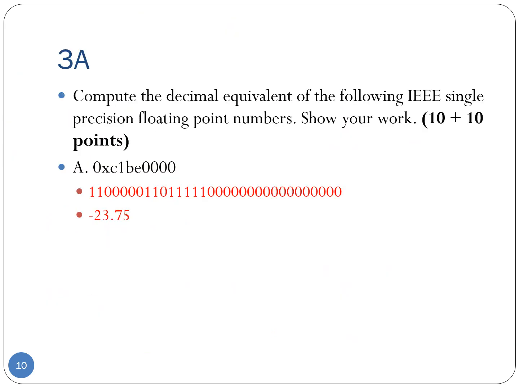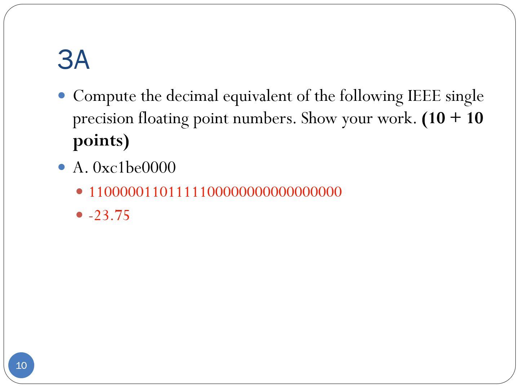Problem number 3 is now asking us to do the other way around conversion. We are given numbers in IEEE floating point representation, and we have to determine the corresponding decimal numbers. The first step should always be, in such problems, to translate the given hexadecimal string into binary.